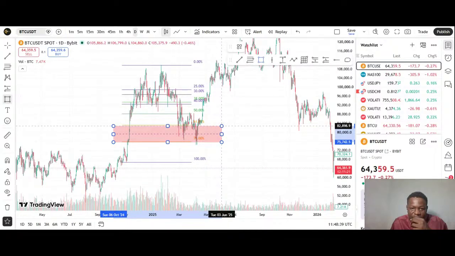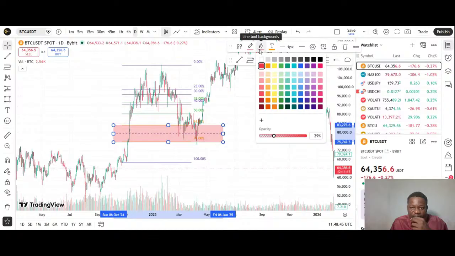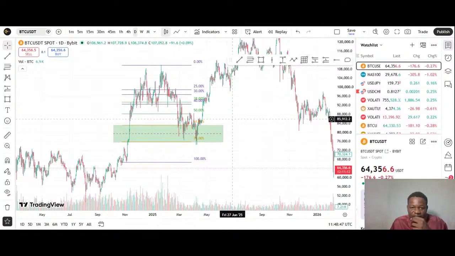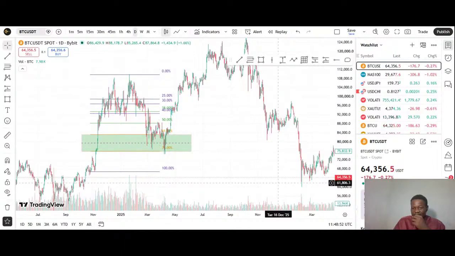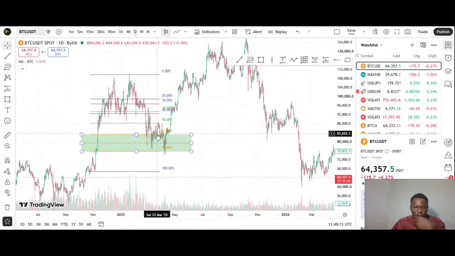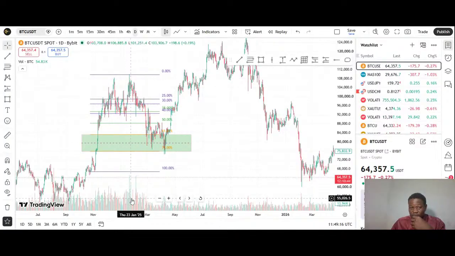Now I'm going to mark it with green so that you can see that it's a buy. Can you see price reacted around here? So this is golden zone around your discount level. So you see, it works both for premium and discount.